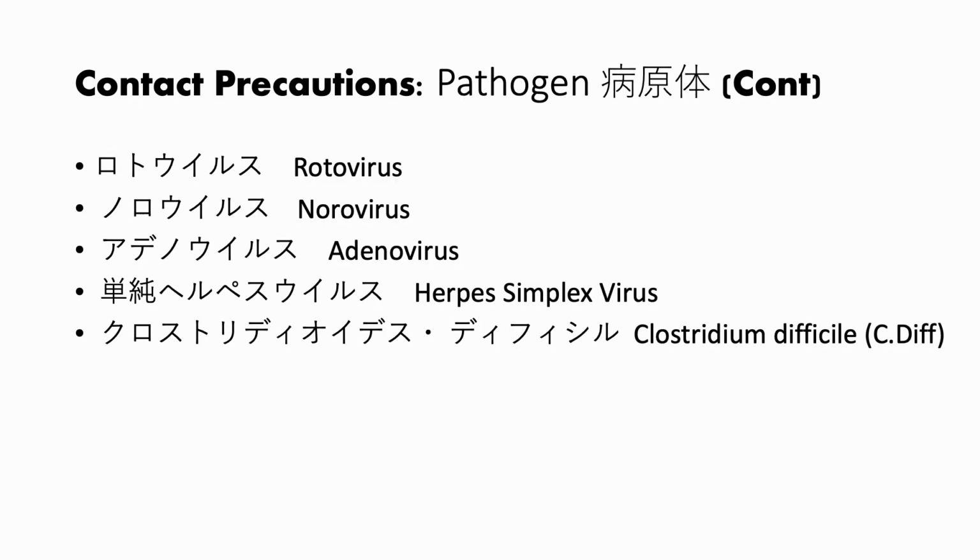Now just some other pathogens that also require contact precautions. So we have rotavirus, which is rotavirus, norovirus, which is norovirus, adenovirus, which is adenovirus, tanjun herpes virus, or herpes simplex virus, and Clostridioides difficile, which is Clostridium difficile, or C. diff.